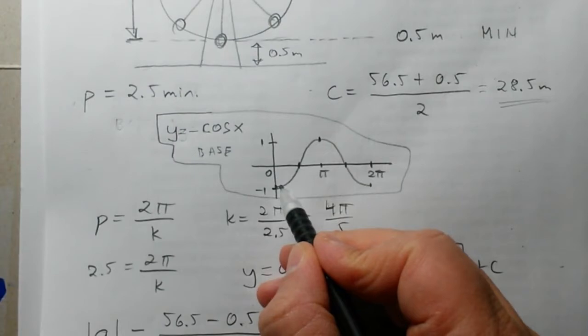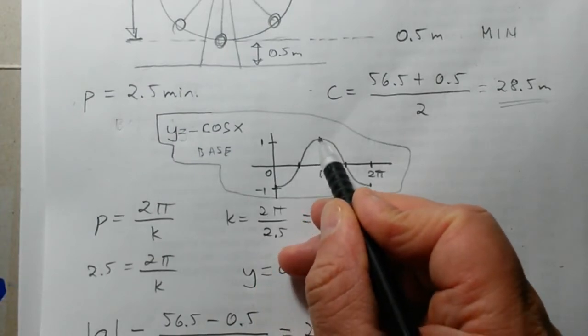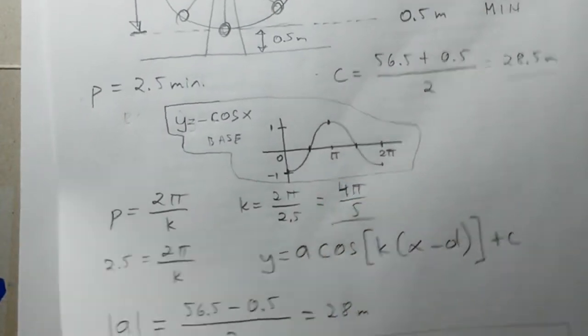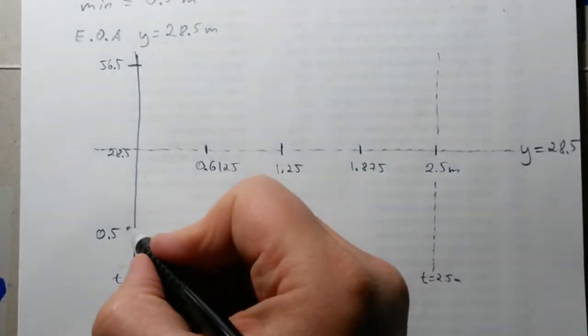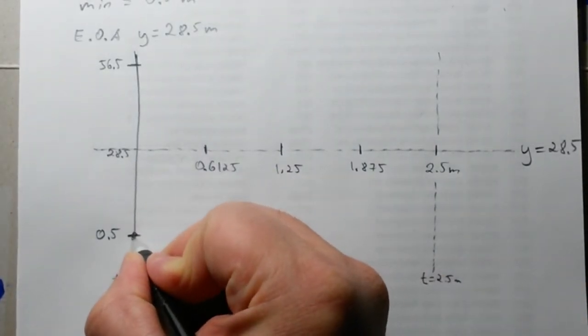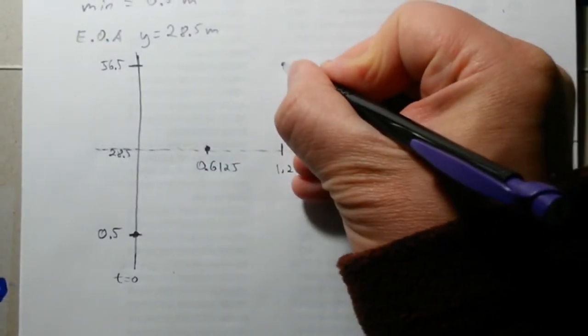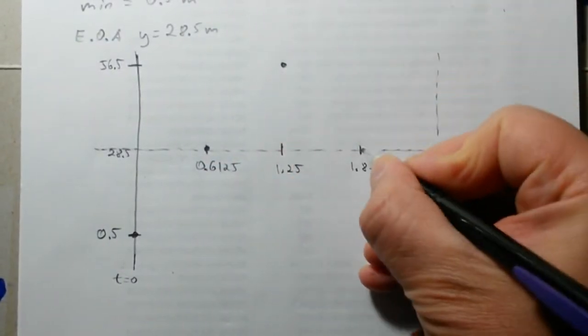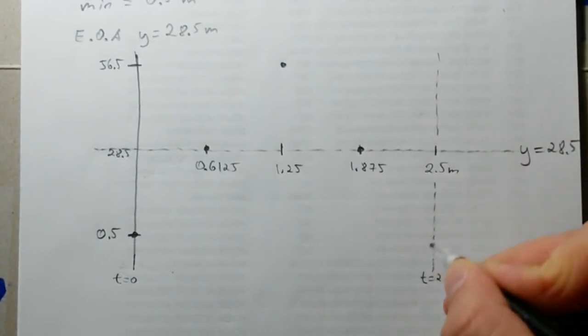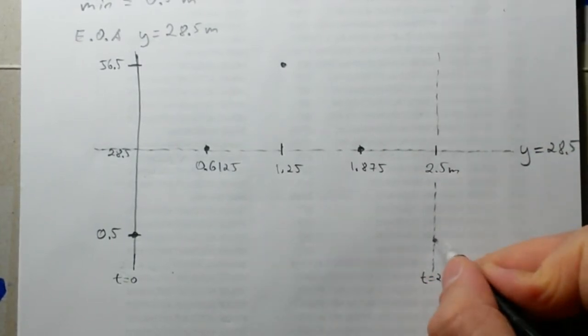Now we know that our base function, y equals negative cosine x, starts at the bottom, reaches the maximum, and then goes back down to the bottom. Same idea here. You start at the minimum, cross that point, reach that point, and then this, and finish right here for 1 complete cycle.